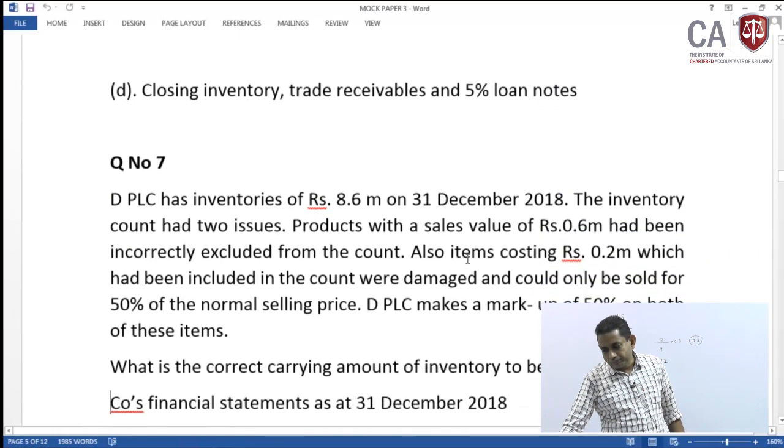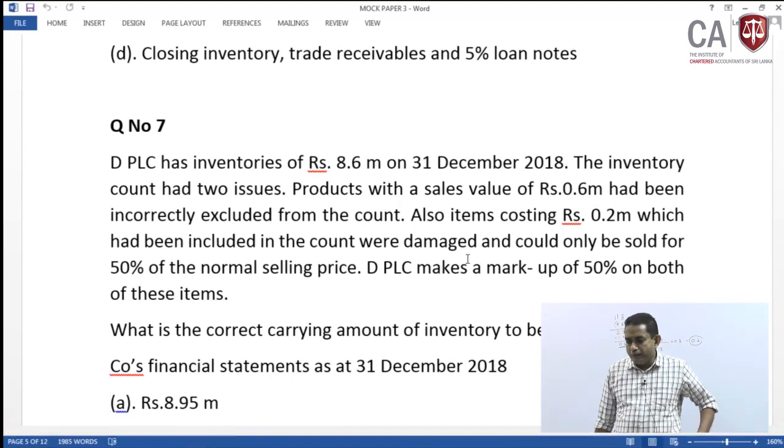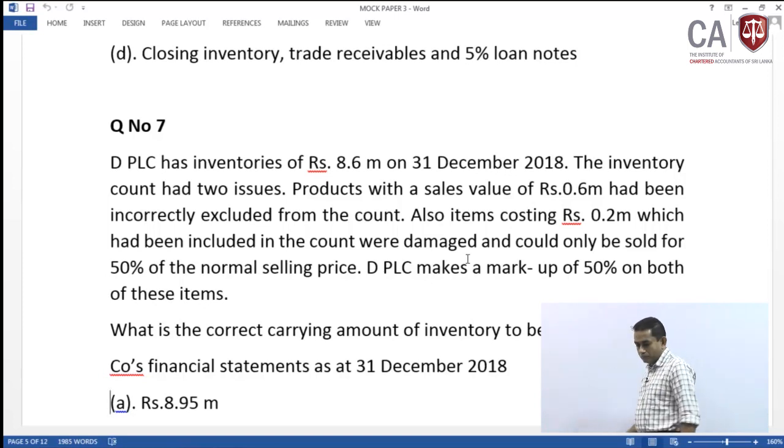Question number 7. DPLC has inventories of 8.6 million on 31st December 18. The inventory count had 2 issues: products with a sales value of 0.6 million had been incorrectly excluded from the count.